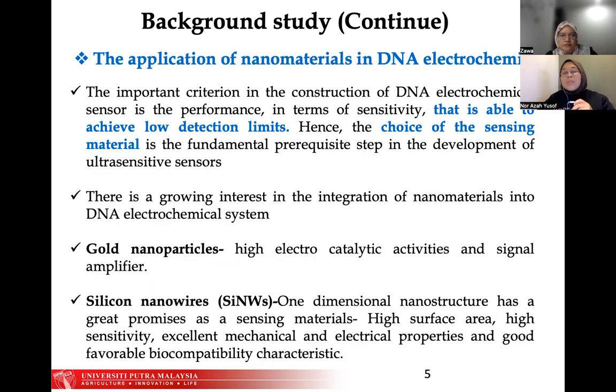So what is it about the electrochemical sensor that the candidate wished to improve? Okay, so of course, the one who's doing the proposal understood well. So usually in electrochemical sensors, the issue is about sensitivity. We want to improve the sensitivity.